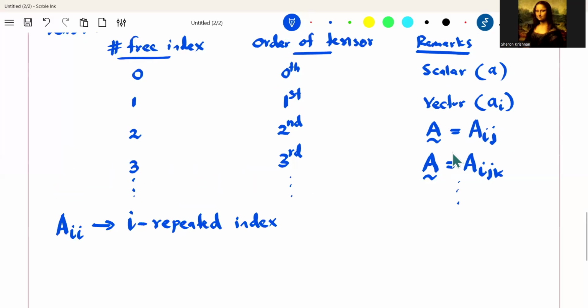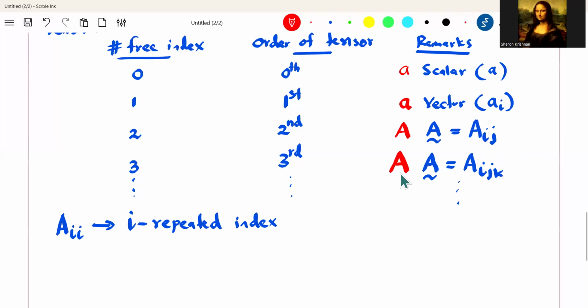Here I have explained the hand notation. For example, if you read books, they will follow something like this. Scalar, they will write in a simple manner. Vector, they will use bold lowercase. This is just normal font, and this is the bold font. Second order tensor, bold uppercase. Even more bold is introduced for higher orders; based on the order of the tensor, they increase the intensity of the bold.